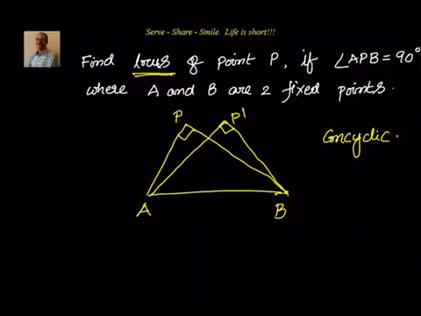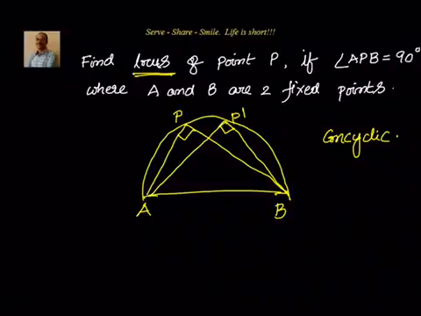That means A, B, P, P dash are part of a circle.